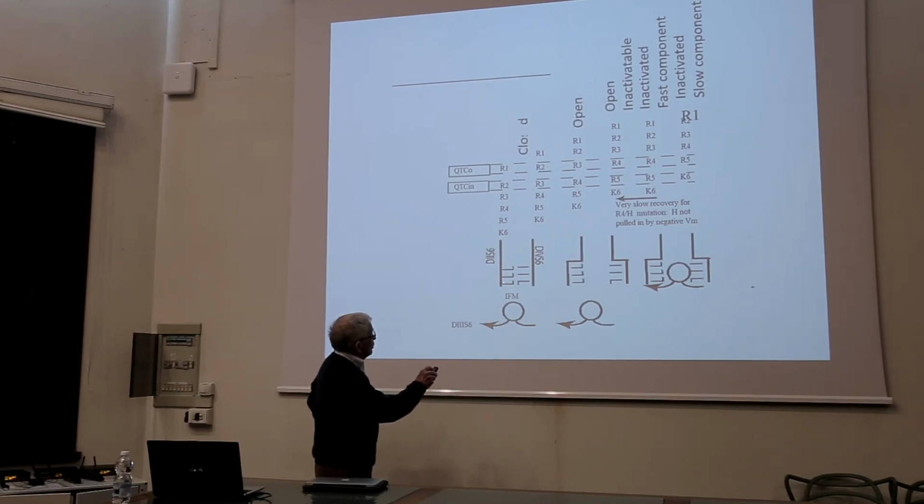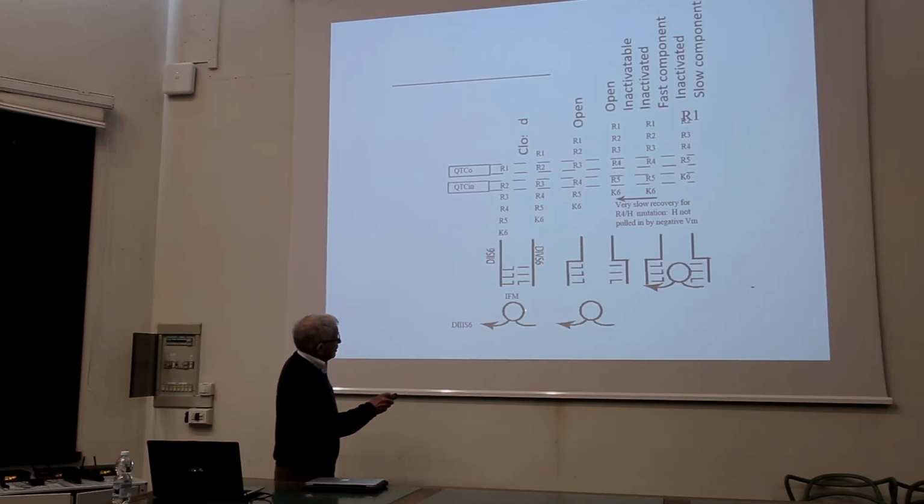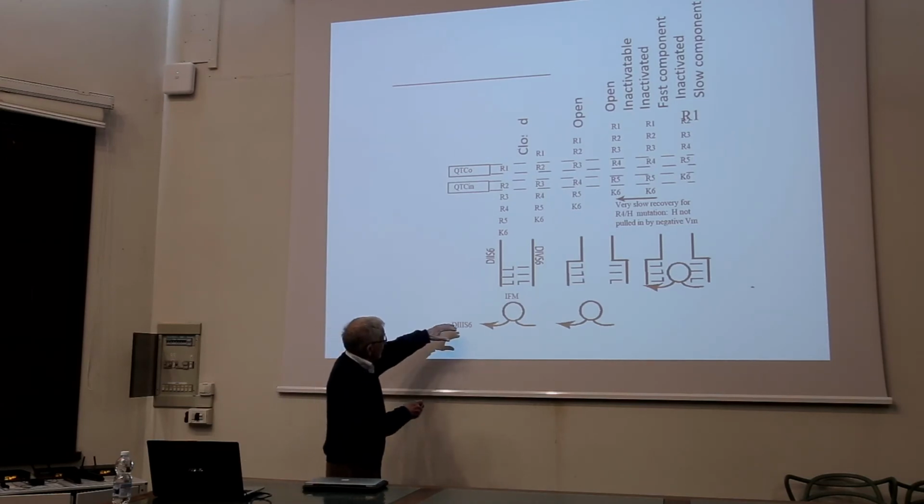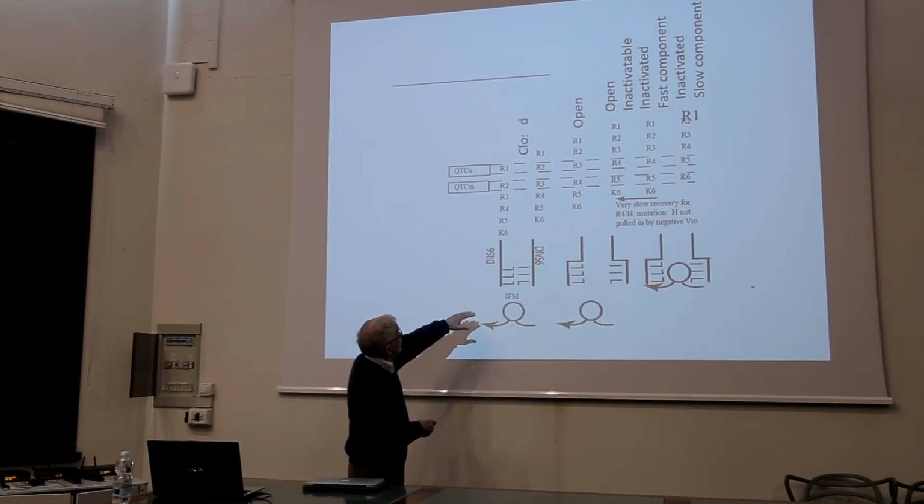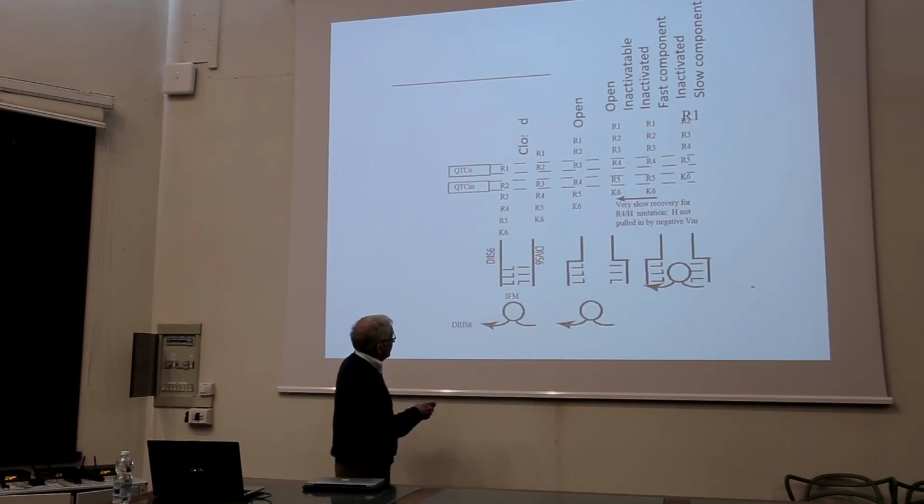In domain 2, it's an LLL, and here it's an isoleucine and leucine, so that would be very hydrophobic. And Bill Catterall and group have discovered that the inactivating particle seems to be an IFM motif that is in domain 3, in the linker between domain 3 and domain 4, which is the one that we've seen up here.